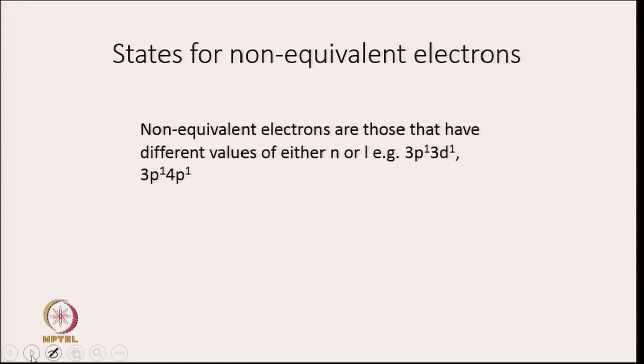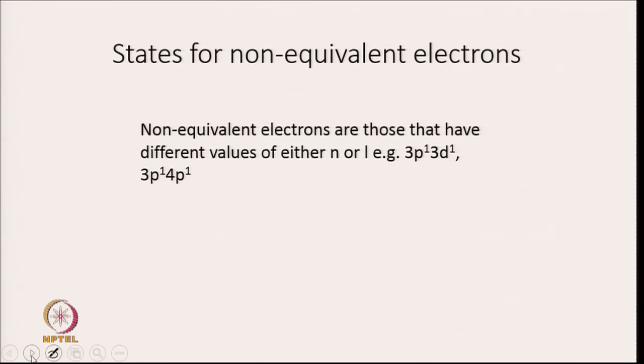So, what do I mean by non-equivalent electrons? Non-equivalent electrons are those that have different values of either n or l. For example, 3p1, 3d1. Here one electron has l value of 1, whereas the other electron has l value of 2. So, they have different values of l, and thus these two electrons are not equivalent.